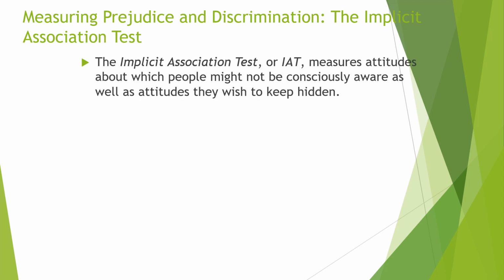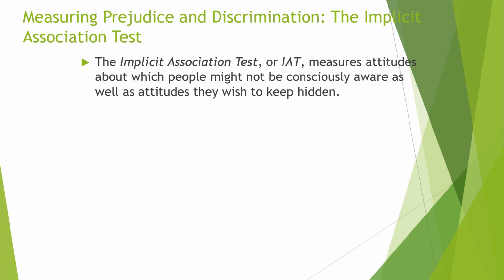The Implicit Association Test, or IAT, measures attitudes that people might not be consciously aware they have, as well as those attitudes that they are aware of but wish to keep hidden.